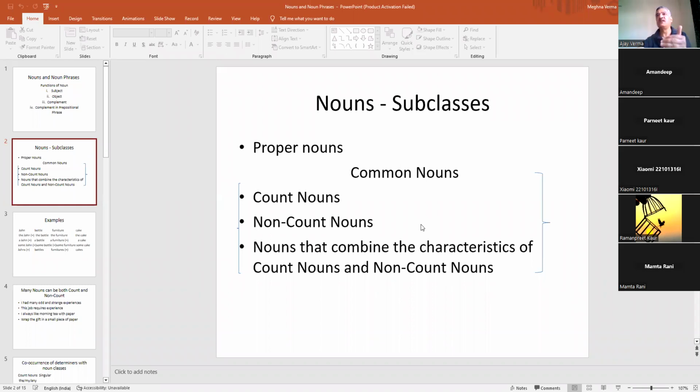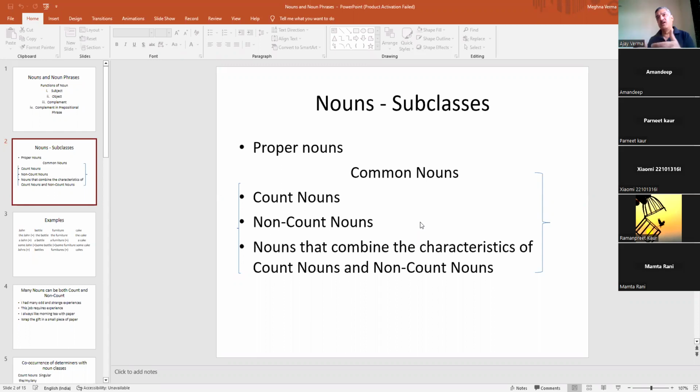So this is the basic classification in nouns, along which we have to form an understanding of the different types of nouns, whether they are treated as countable. For instance, pen, book, glass, fan.